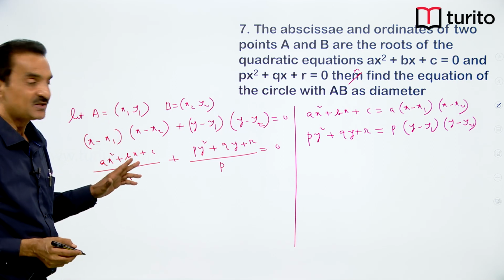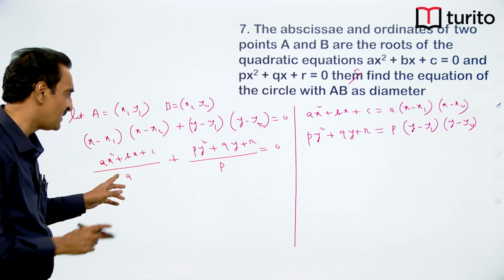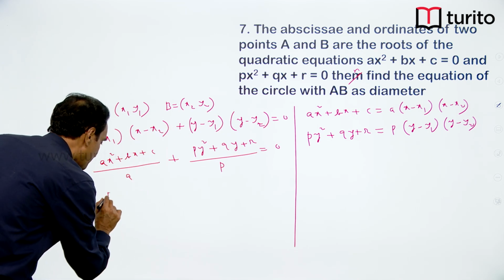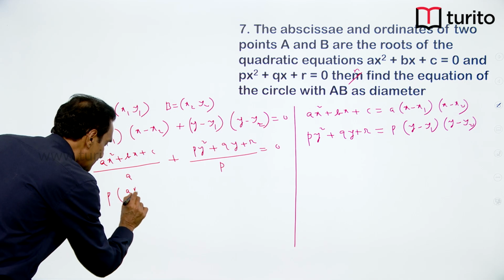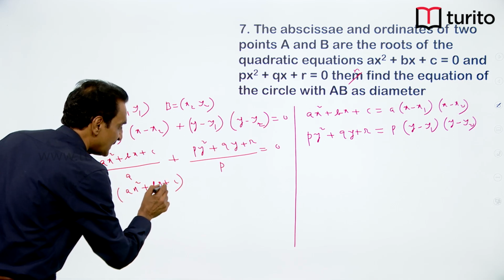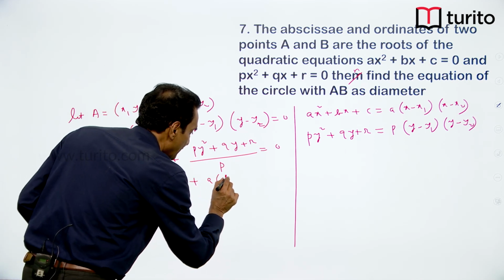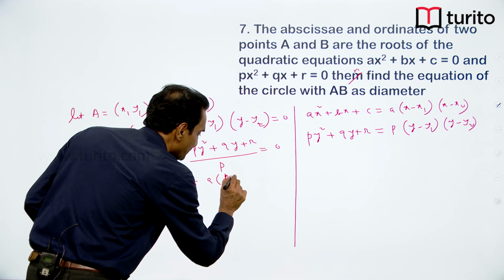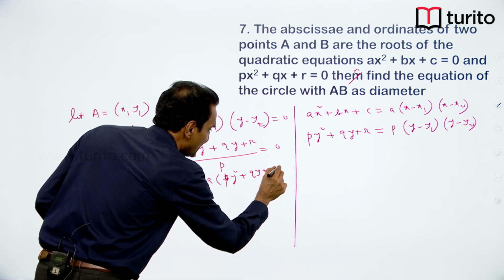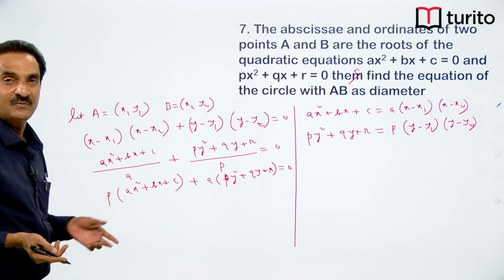So, this is the equation of the circle. You can now simplify. If you take ap as LCM or multiply both sides by ap, then you will get p into ax square plus bx plus c plus a into py square plus qy plus r is equal to 0. So, this is the equation of circle.